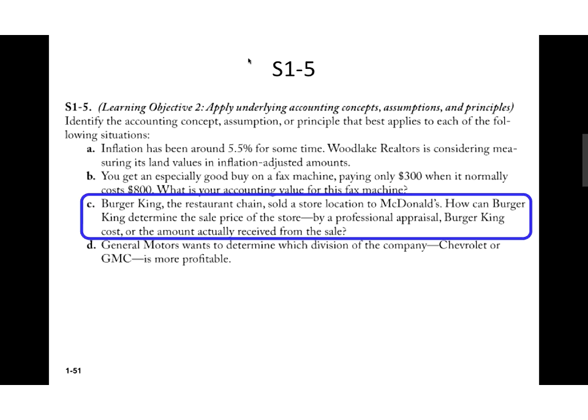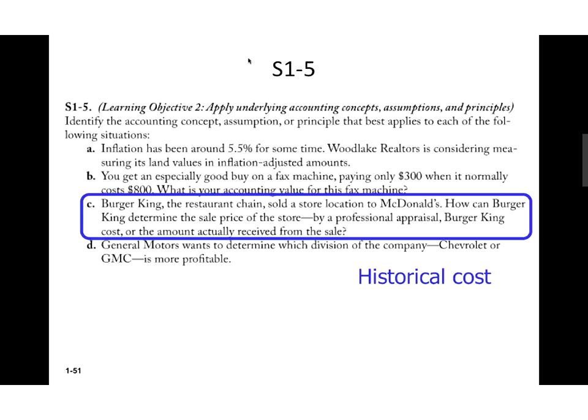How can Burger King determine the sales price? So when they're recording the sale of the store to McDonald's, how do they determine the sales price? The professional appraisal, Burger King cost, or the amount actually received? Again, we're going to use the historical cost that's at play. What did they actually pay?